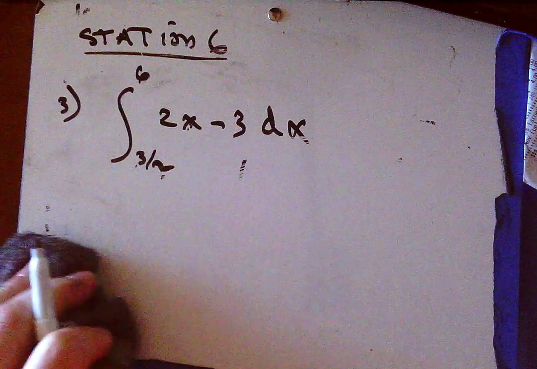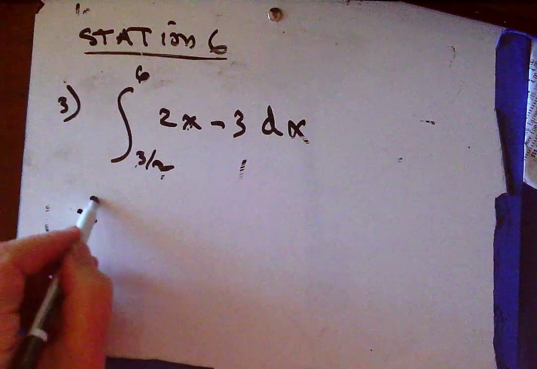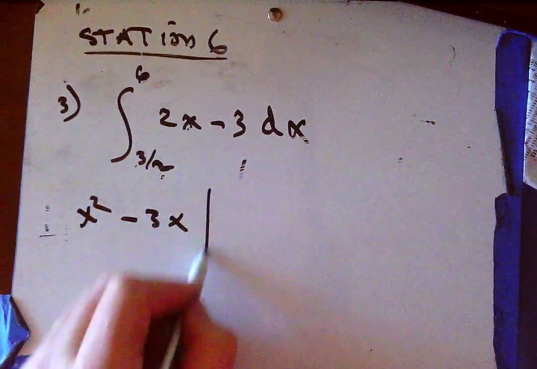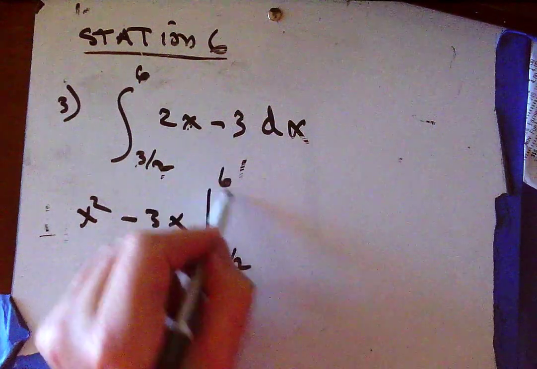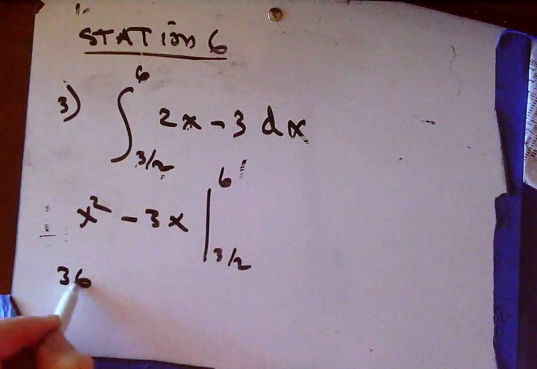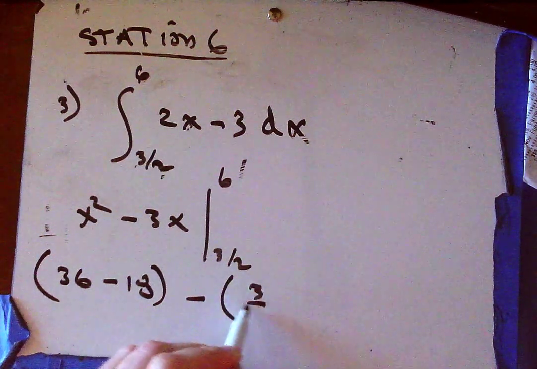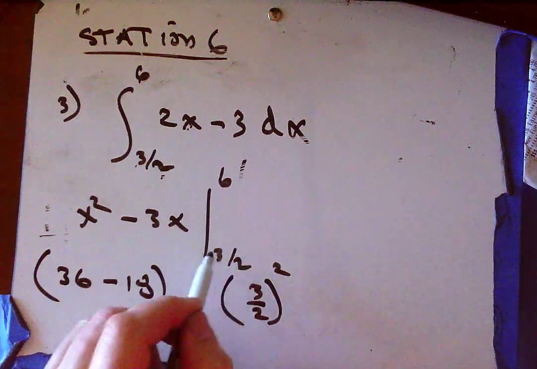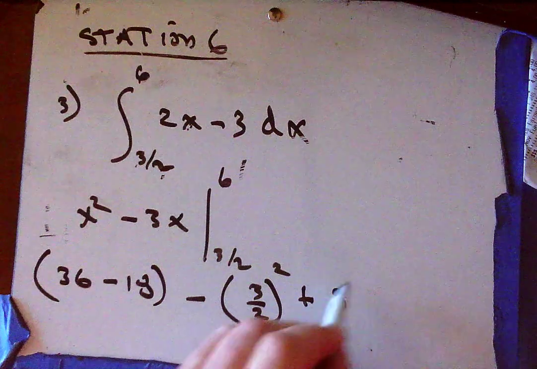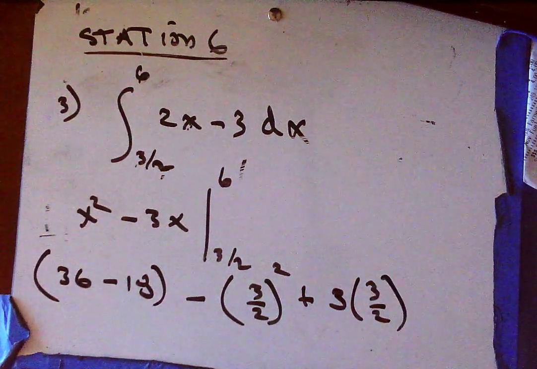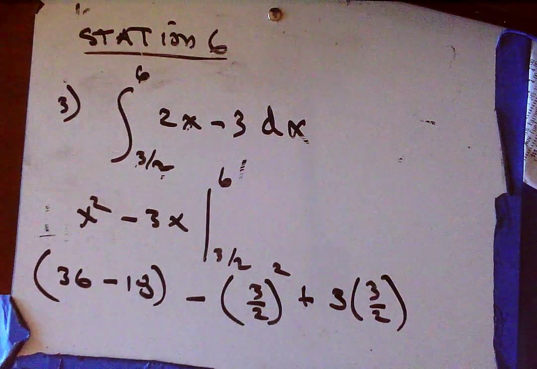I think if we went with the antiderivative approach, x squared minus 3x, and evaluate it at 3/2 and 6, it's going to be 36 minus 18 minus 3/2 squared, and then plus 3 times 3/2. So what are we getting here?